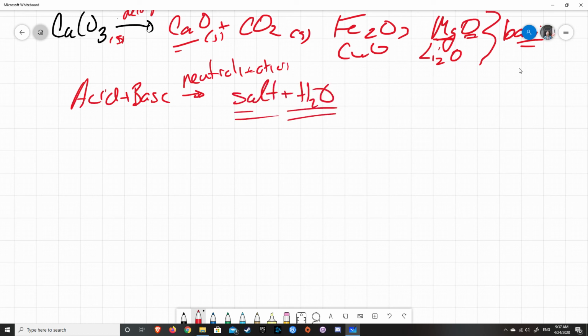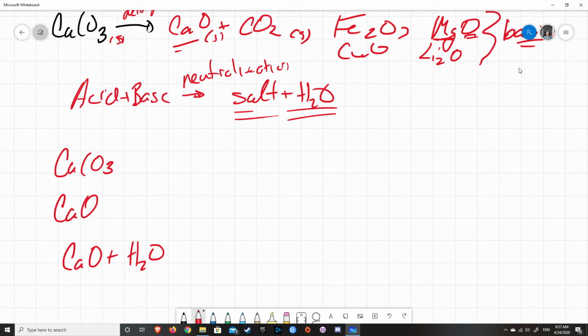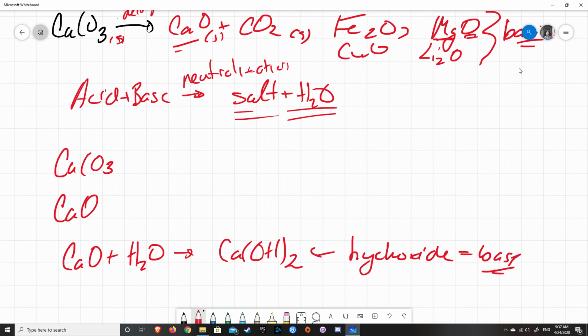If you haven't watched those last videos yet, you need to watch them in order to go over this unit. So to neutralize the soil, we can use calcium carbonate, we can use calcium oxide, or we can react calcium oxide with water in order to form calcium hydroxide. And as a hydroxide, this is a base, and as a base, it can neutralize acids.